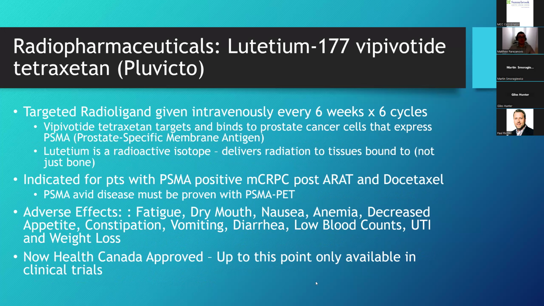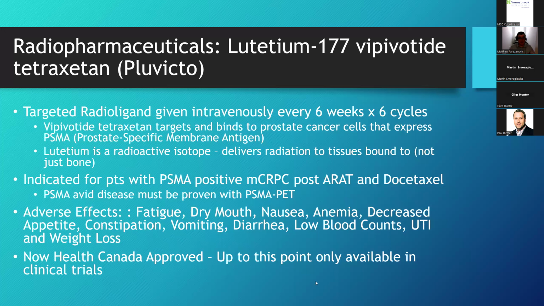Lutetium-177, also known as Pluvicto. This is a targeted radioligand that's given intravenously every 6 weeks for a total of 6 cycles. So the vipivotide component targets and binds to prostate cancer cells that express PSMA, which stands for prostate-specific membrane antigen. Whereas the lutetium component is a radioactive isotope that delivers radiation to the tissues it's bound to, not just bone like radium.